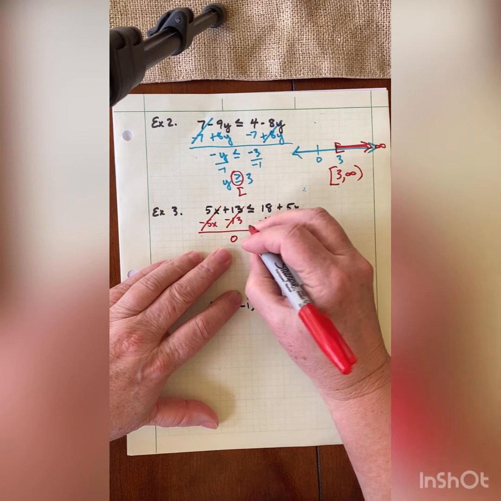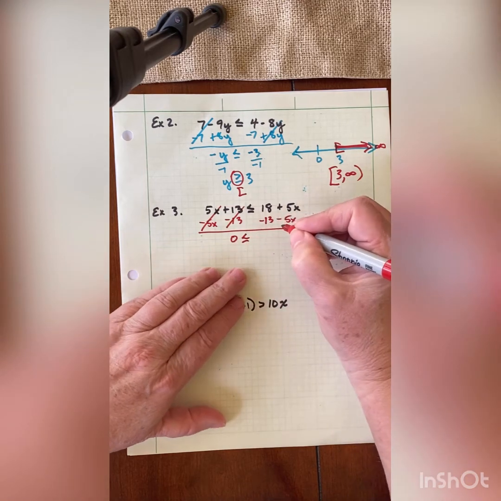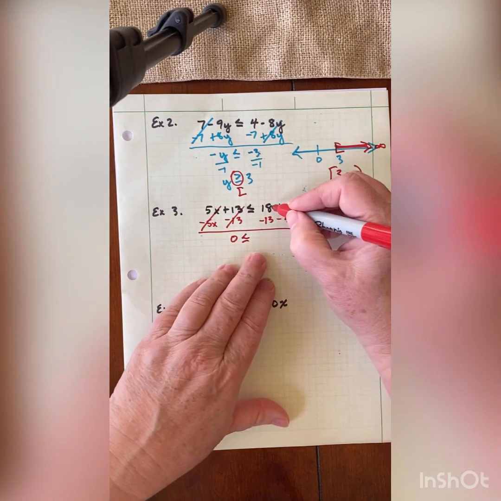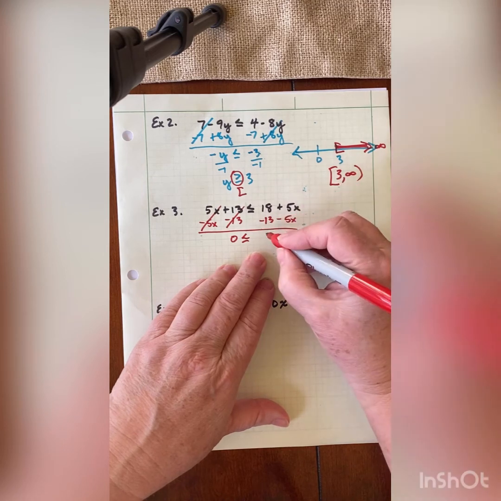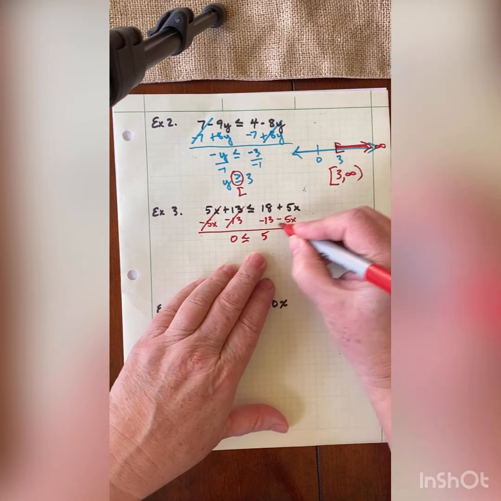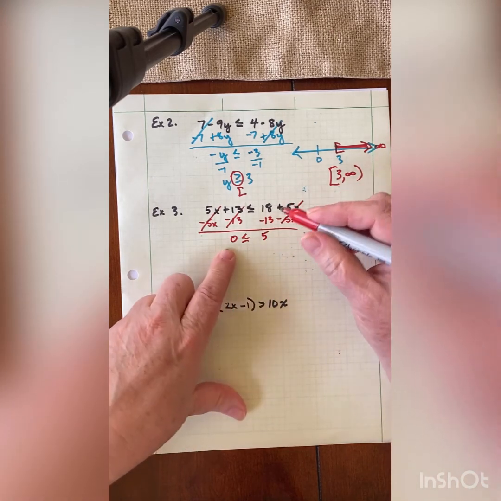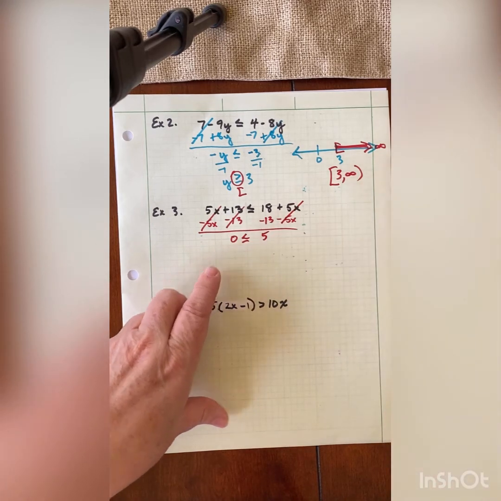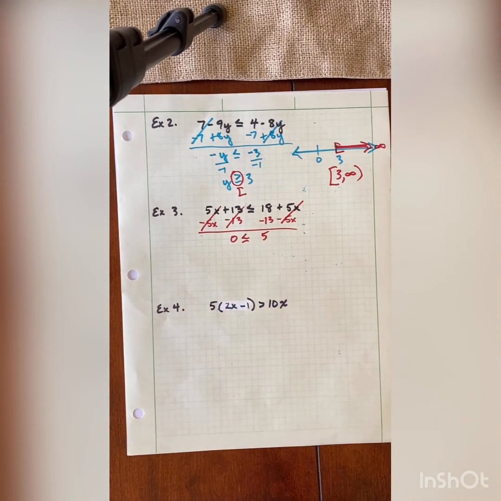That whole side zeroed out is less than or equal to. Okay, that will give me a 5. Opposites, they're gone. So is 0 less than or equal to 5? Well, that's a true statement, okay?